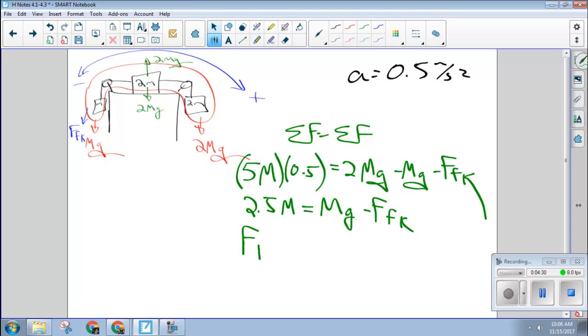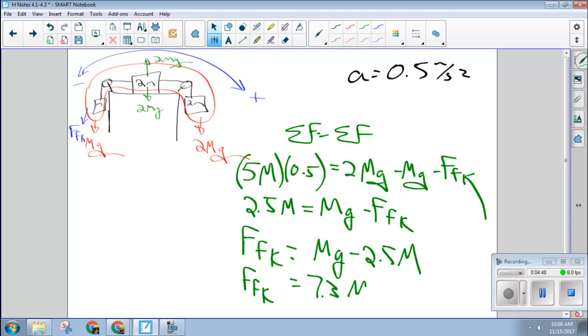So your force of kinetic friction ends up being mg minus 2.5 m, right? And since g is 9.8, you get that your force of kinetic friction is 9.8 minus 2.5, which is 7.3 m? Too quick?